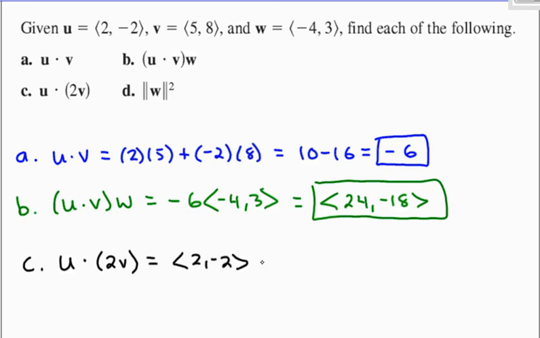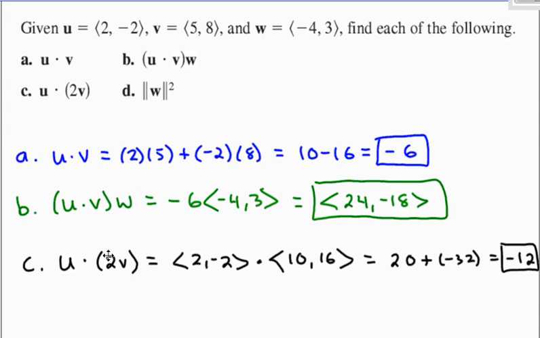I want to do the dot product with twice V. So if I double V, I'm going to get <10, 16>. So if I do the dot product, 2 times 10 is 20, plus negative 2 times 16 is negative 32. So 20 minus 32, I get negative 12.